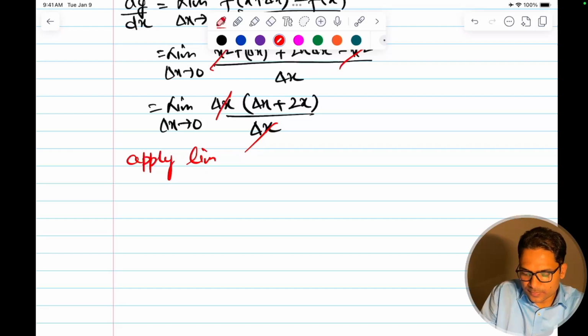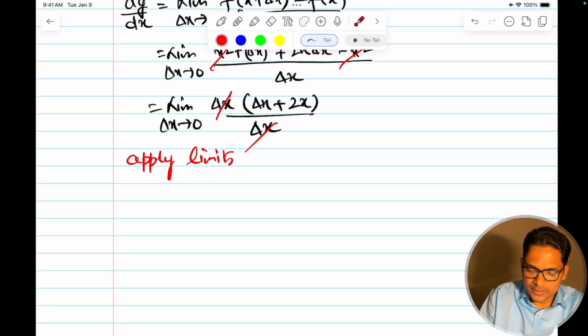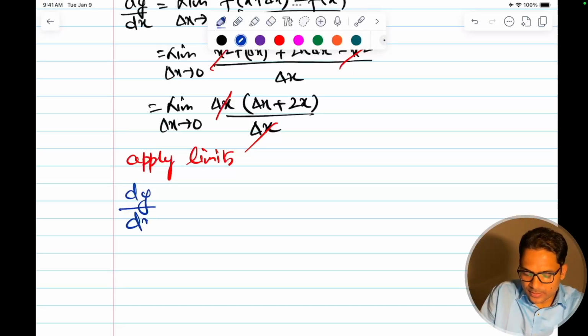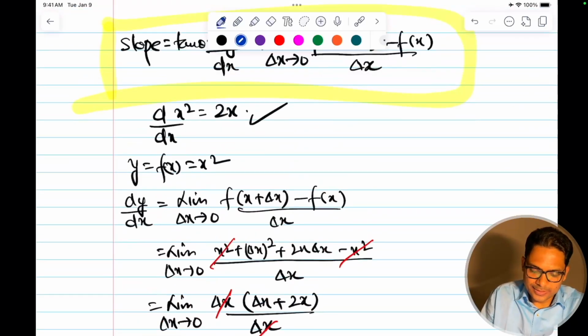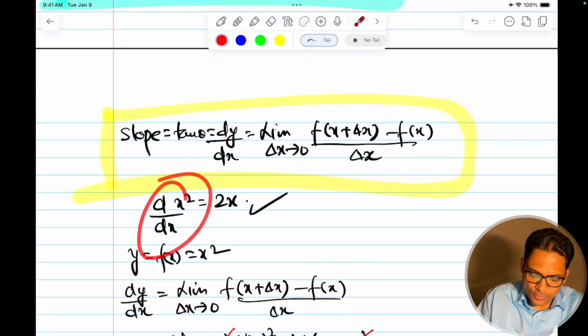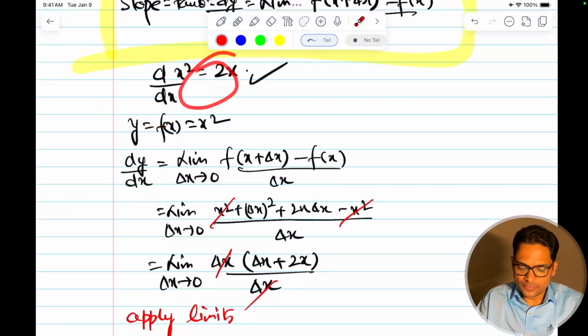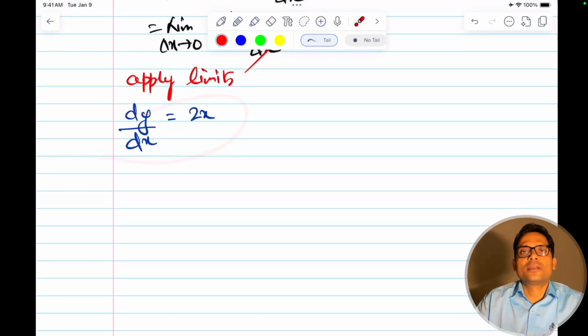Delta x will become 0, so my dy by dx will become 2x, where y is equal to x square. So we have proved this with a simple formula. Similarly, you can check for e to the power x, log x, whatever, all this can be solved this way. I hope this makes sense.